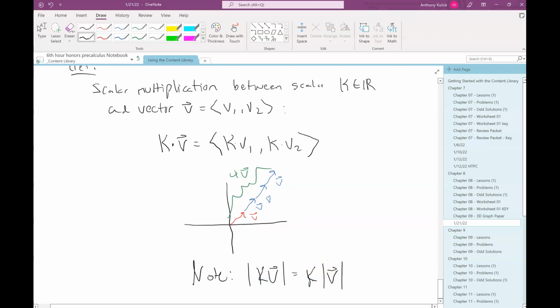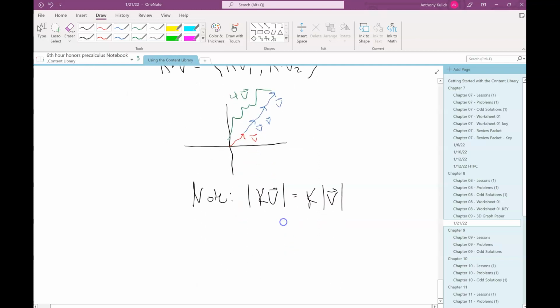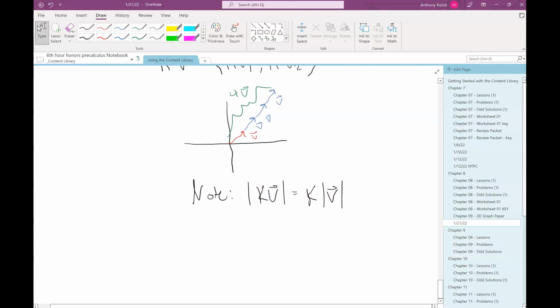Use k. But that can make calculations sometimes a little bit simpler. Okay. Next, we're going to observe another special vector called the unit vector.